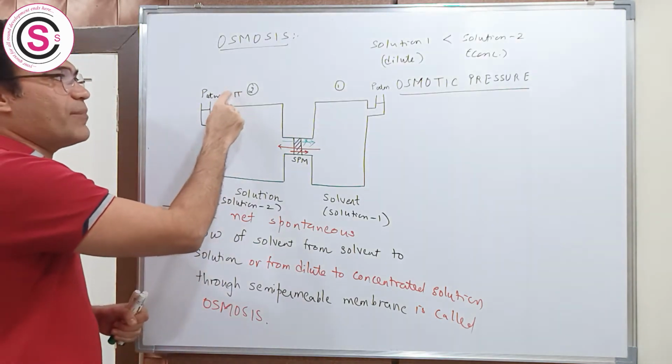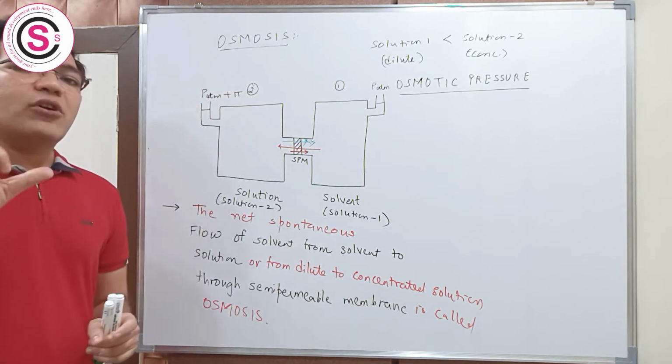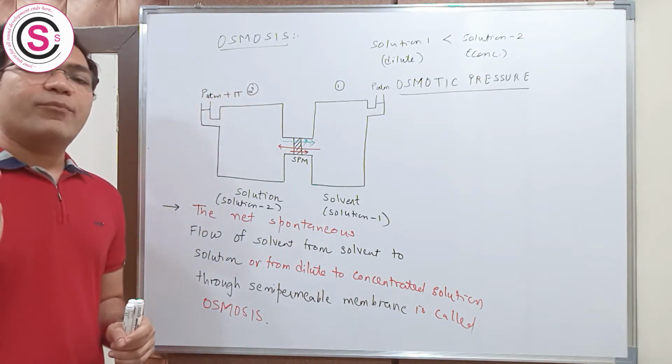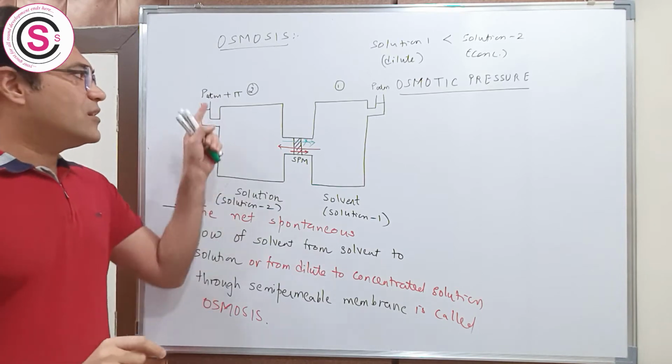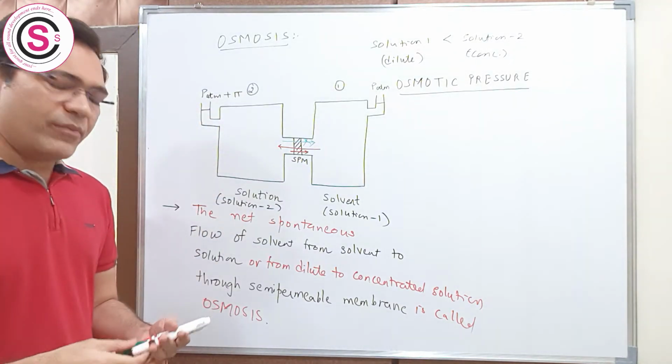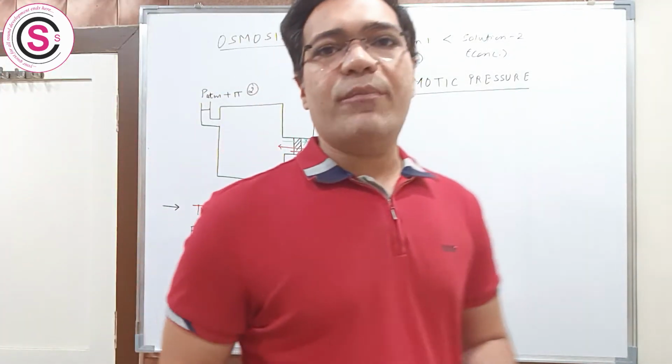So this extra pressure pi is responsible for the process of osmosis to stop, and this pressure is known as osmotic pressure. So let us define osmotic pressure.